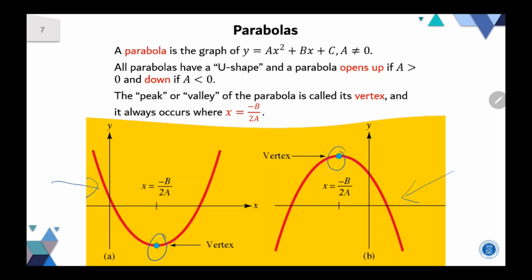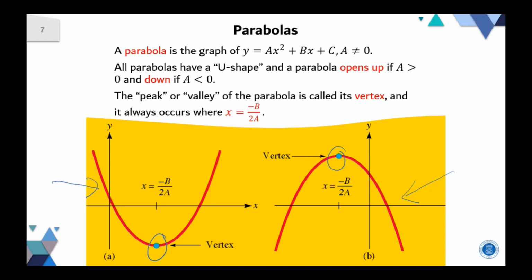This kind of point, the peak or the valley, we call the vertex of the parabola, and it always occurs when x is equal to minus b over 2a. Yeah, x is equal to minus b over 2a. Okay, why is that?